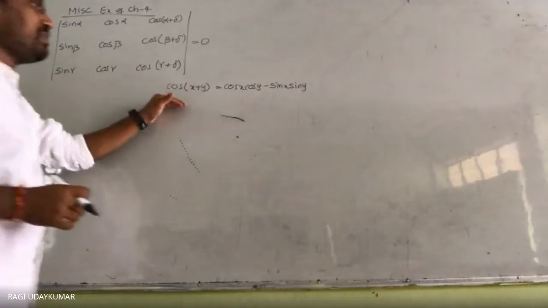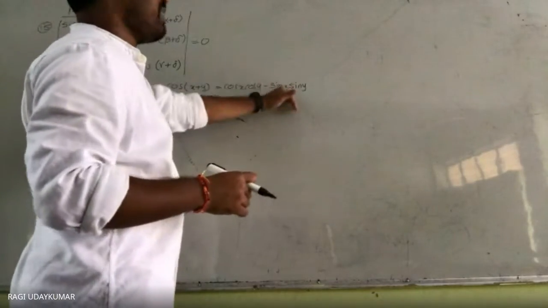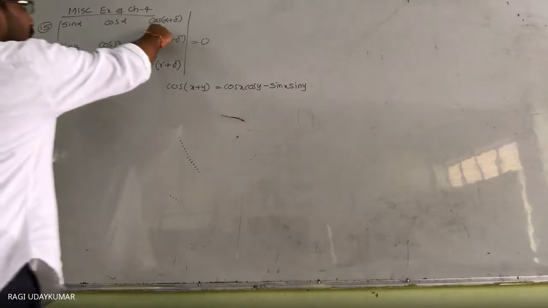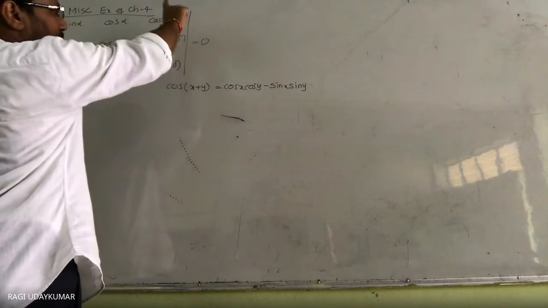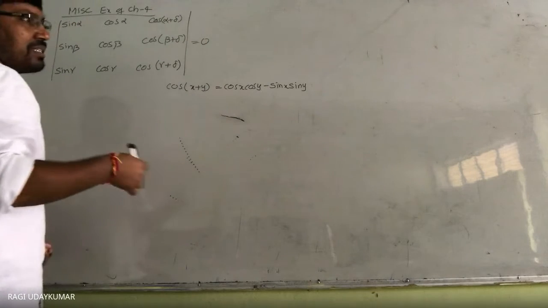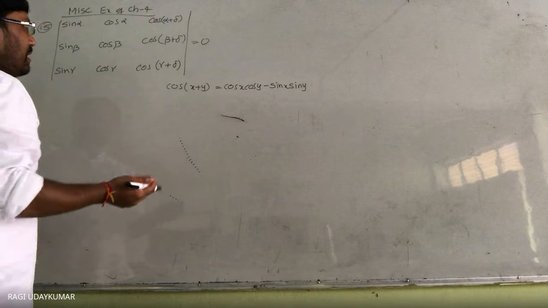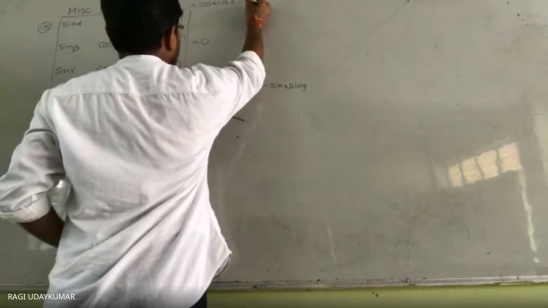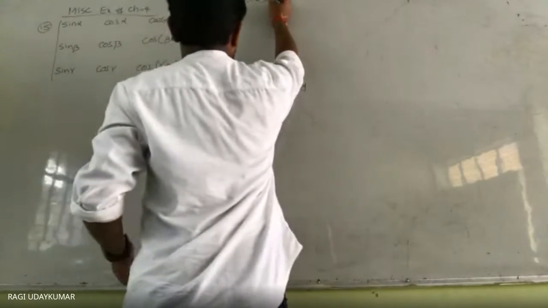Okay. Cos x plus y expansion is cos x cos y minus sin x sin y. Cos alpha plus delta expansion, whenever you see that, what do you get? Cos alpha cos delta minus sin alpha sin delta. So having seen this expansion, we are going to unexpand.